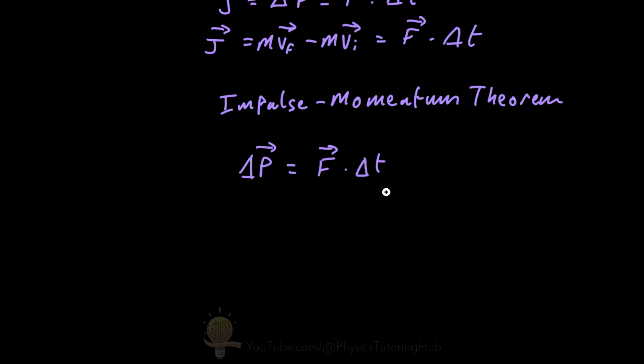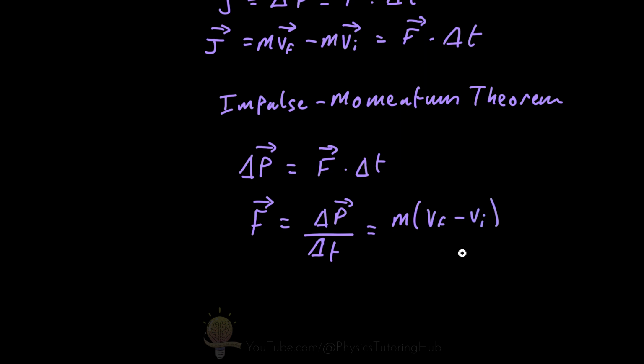And if we divide both sides by delta t, our force is equal to the change in momentum divided by the change in time, which is equal to the mass of the object multiplied by the difference in the final speed to the initial speed over the change in time that the force is applied to the object.